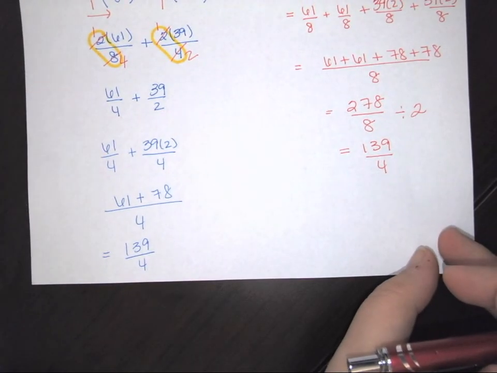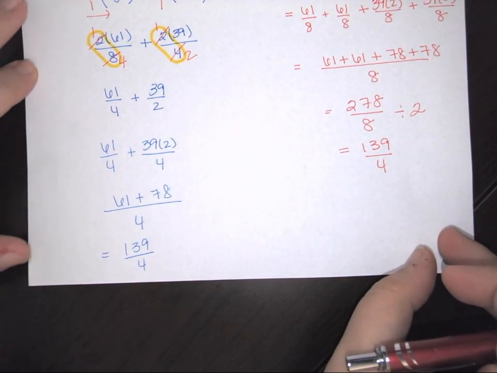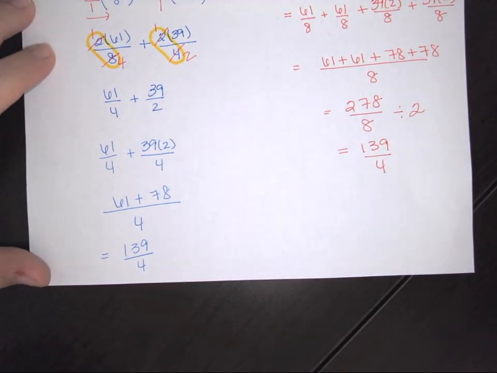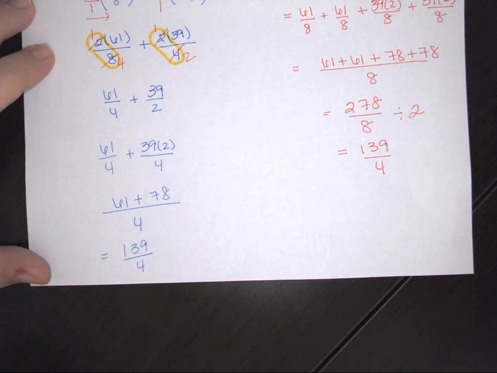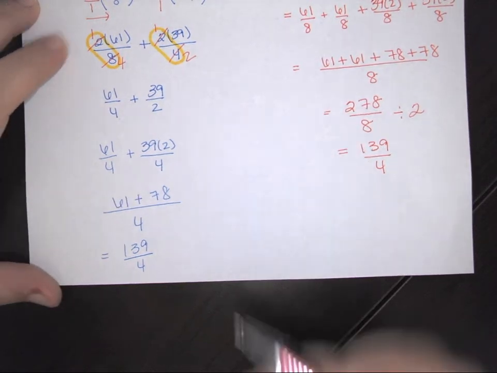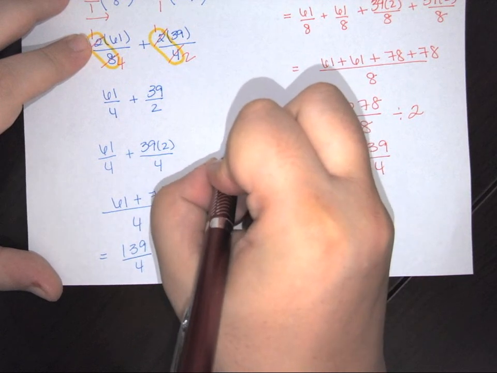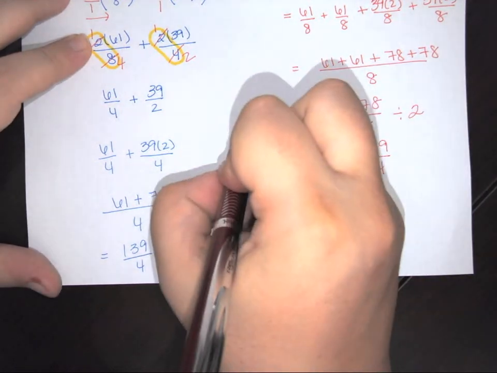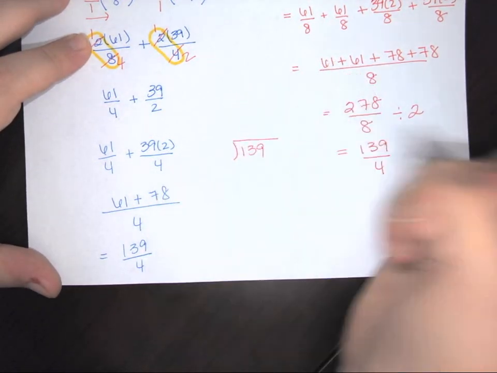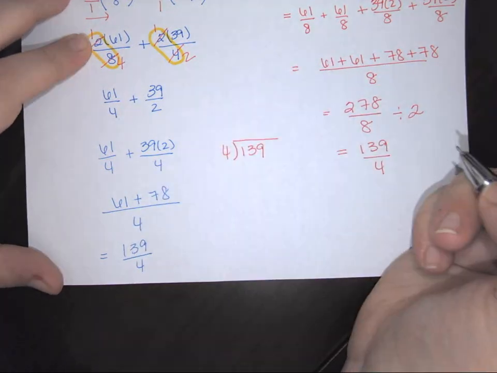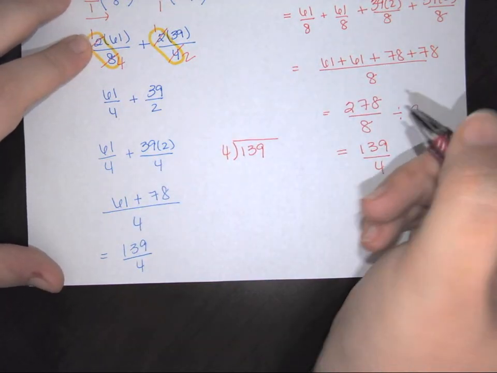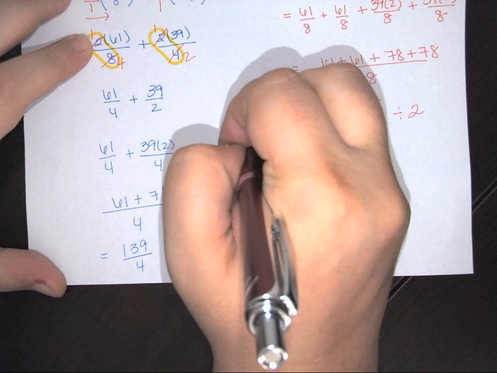Now, at the end of the day, we still need to change this back over so we can tell what the perimeter actually was. In order to do that, we put the numerator of 139 in, the denominator out. We know 4 goes into 13 3 times.